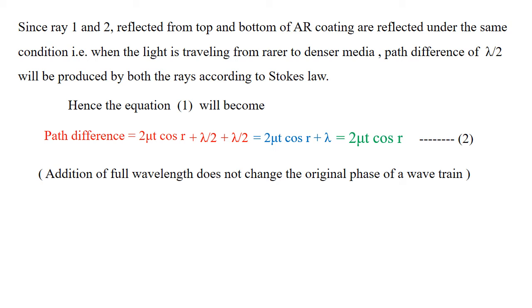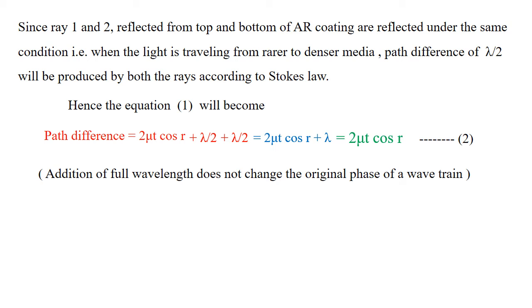But here we are getting an addition of a full wavelength lambda, because both the rays are getting reflected under the same condition, and hence we can write the path difference remains 2 mu t cos r only, as it is not changing the original phase of a wave train. So the path difference between ray 1 and ray 2 is 2 mu t cos r.